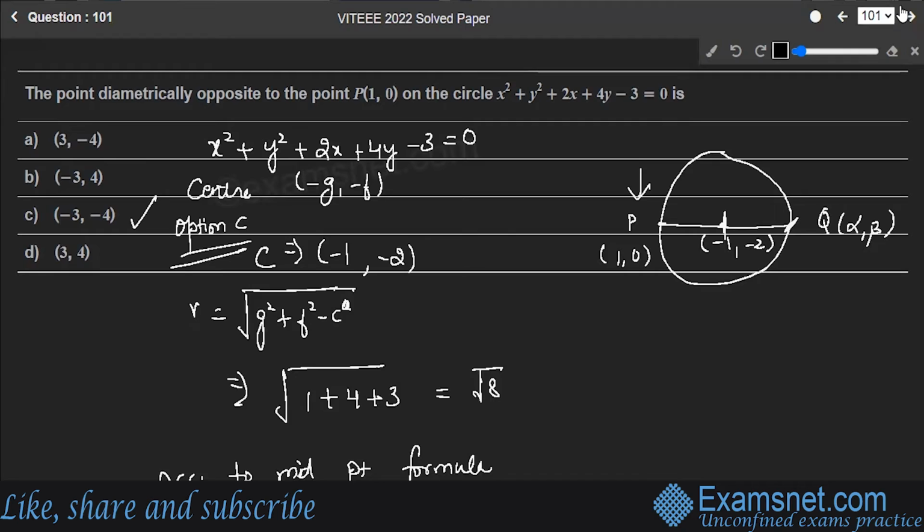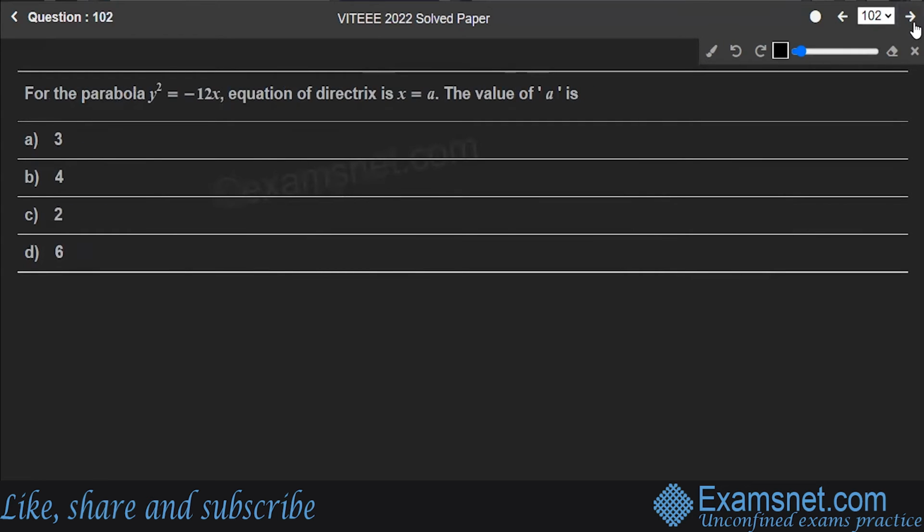Hope you understood this. Next is the 102nd question. For the parabola y square is equal to minus 12x, the equation of the directrix is x is equal to a. You have to find the value of a. The equation is y square is equal to minus 12x.